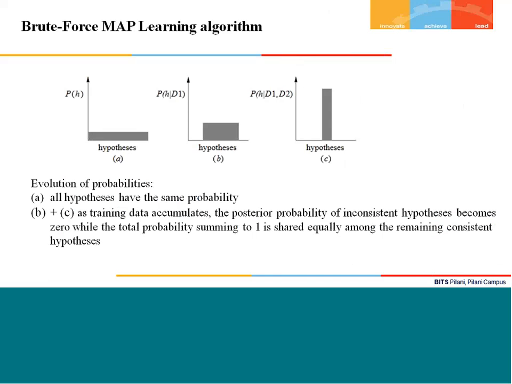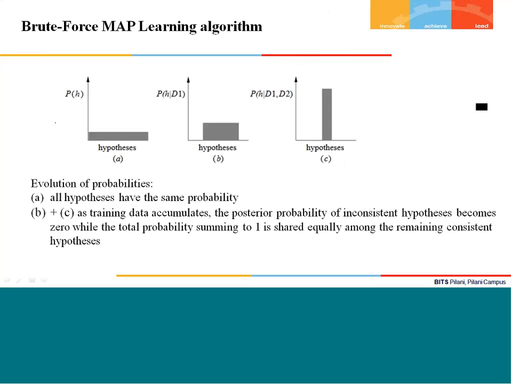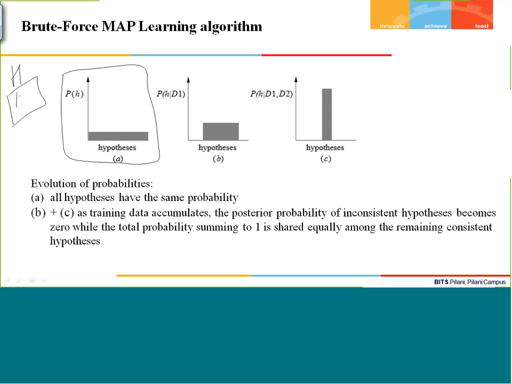So finally we come to this slide. At first you started with P(H), and in that case there are, say, 100 hypotheses in the big space H, and every hypothesis was equally probable. So if you pick any hypothesis, you get the probability here. You can see that all probabilities are equal.